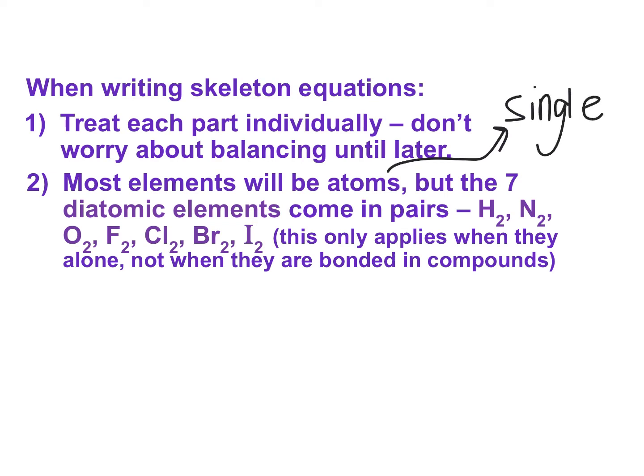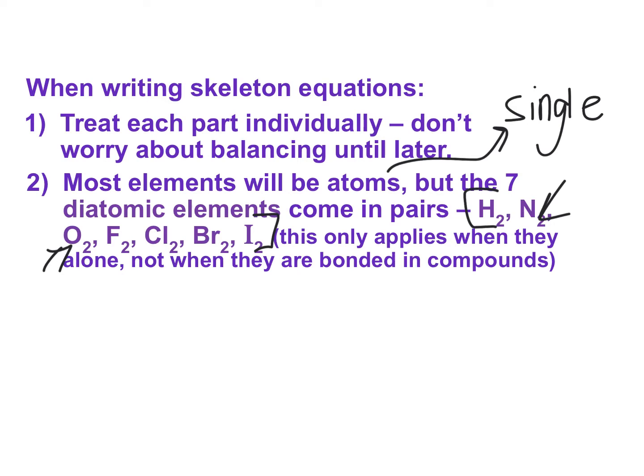But if they are one of the 7 diatomic elements, these guys right here, they come in pairs. This only applies when they're alone, not when they are bonded in compounds. Because we know that you can have single nitrogens or single oxygens if they're bound to something else.